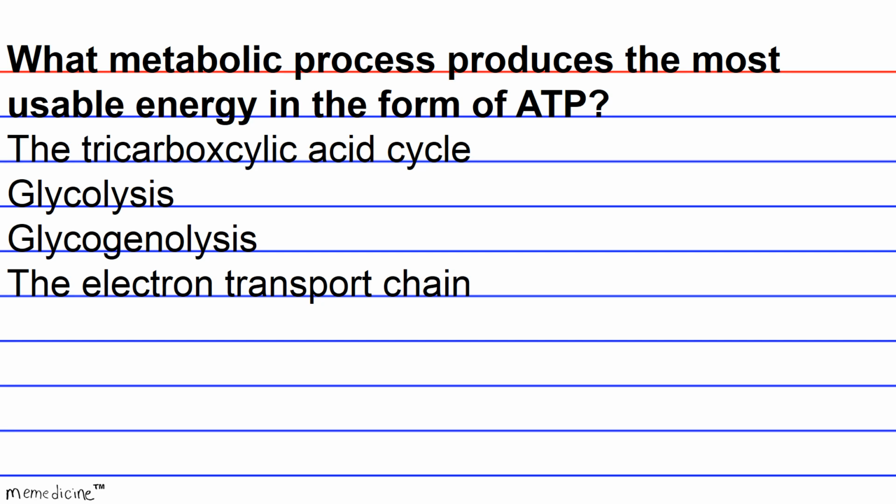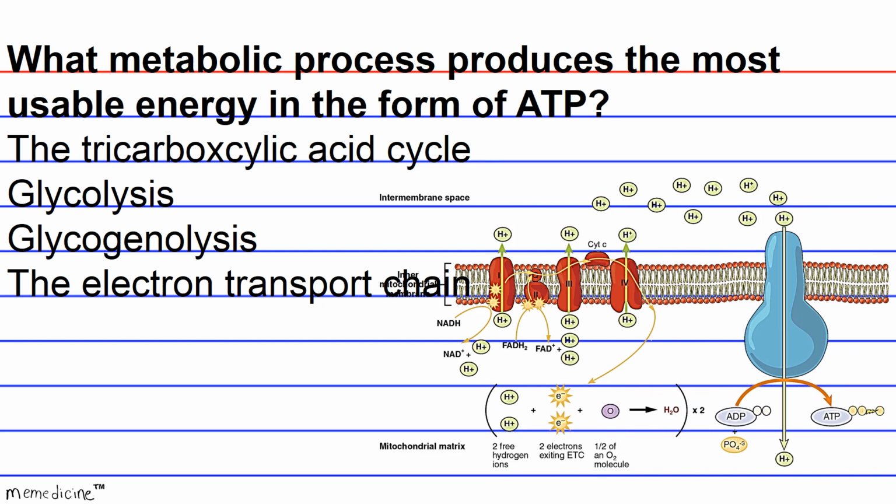Okay, so basically the most ATP is formed through oxidative phosphorylation, as I just mentioned. And you can already guess what the answer is. Oxidative phosphorylation occurs in the electron transport chain, okay? So the electron transport chain of these four metabolic processes is the one that produces the most energy in the form of ATP.